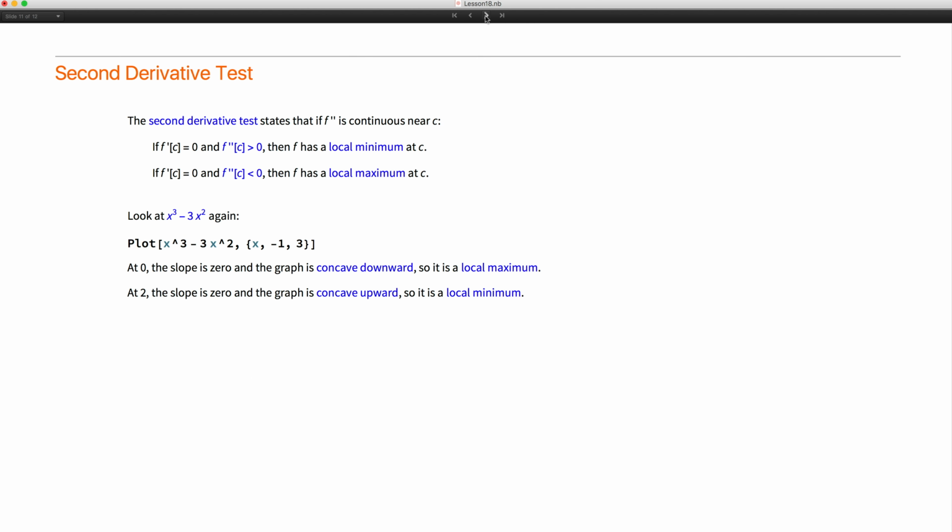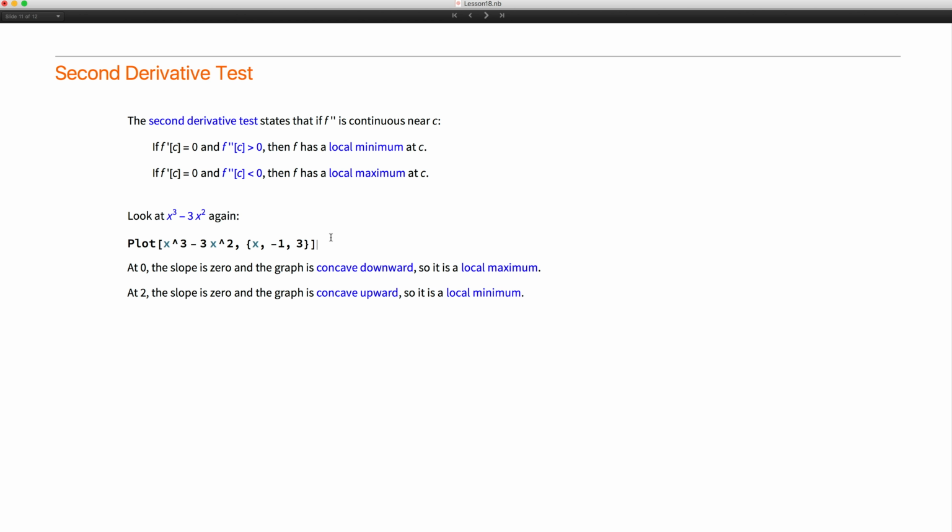Okay, and finally, let's talk about the second derivative test, which says that if you have a critical point and the second derivative is positive, then the function has a local minimum. And if the second derivative is negative, then you have a local maximum.